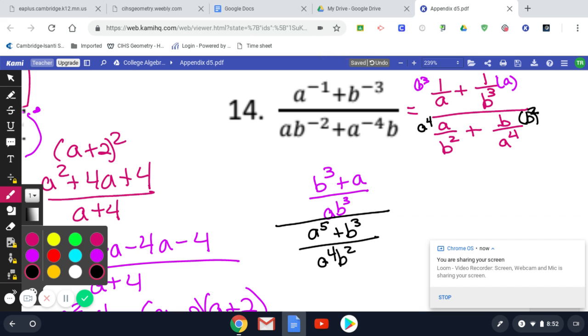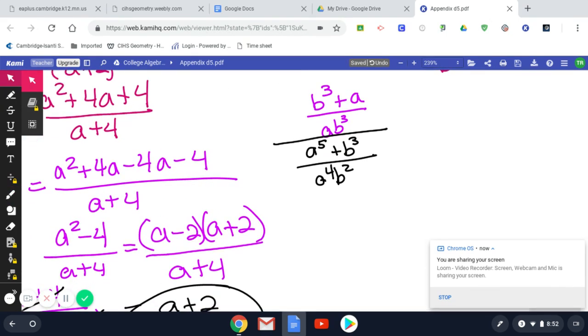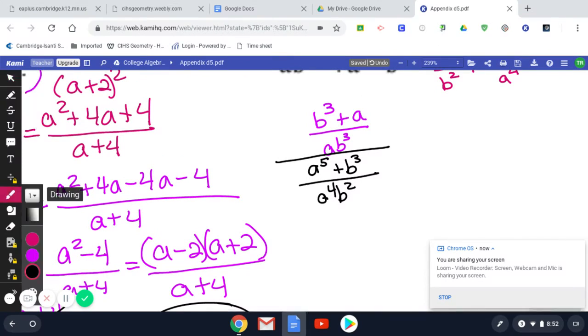All right, so now, just like the last one, I have a fraction divided by a fraction. So I'm going to use my rules, and I'm going to take the b cubed plus a over ab cubed, and I'm going to multiply it by the reciprocal of a to the fourth b squared over a to the fifth plus b cubed.